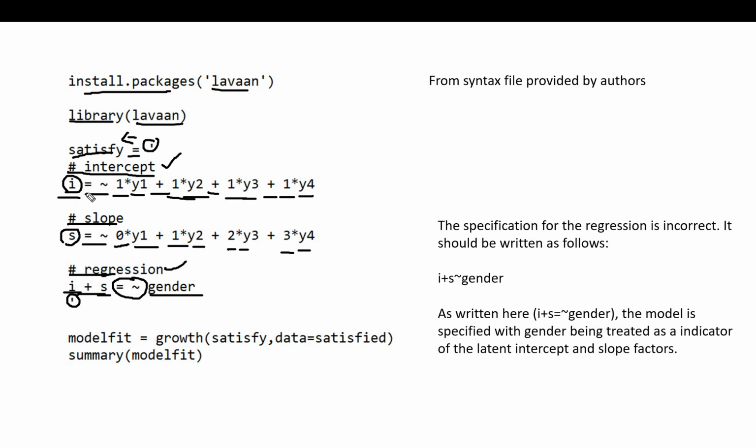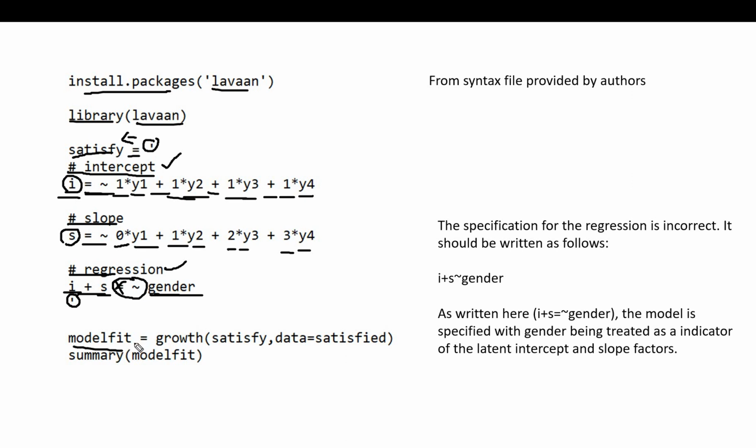As I noted above, the equal sign followed by a tilde is used to designate indicators of a latent factor, and in this case, the way this is specified, you're actually treating gender as an indicator of both the intercept and the slope, which is incorrect. So really that equal sign should not have been there, and you should have just had the tilde sign, and that would indicate a regression where gender is predicting the intercepts and the slopes.